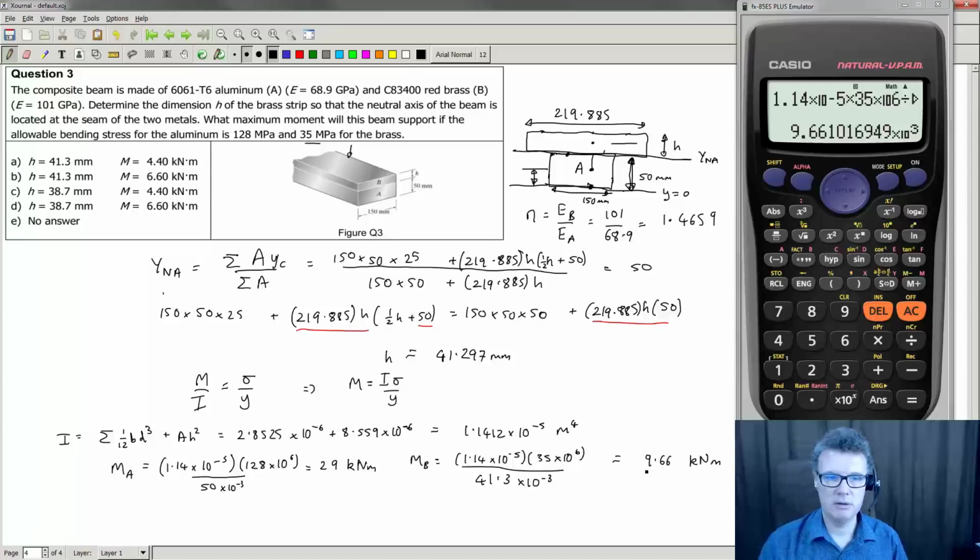So this value, notice it doesn't equal either of my values here. So what's going on? Have I made a mistake? The final thing you've got to consider is that this is the maximum bending moment, and we're using this model here to find out what the stress is. But we're not actually in a bit of aluminium that's been stretched out.